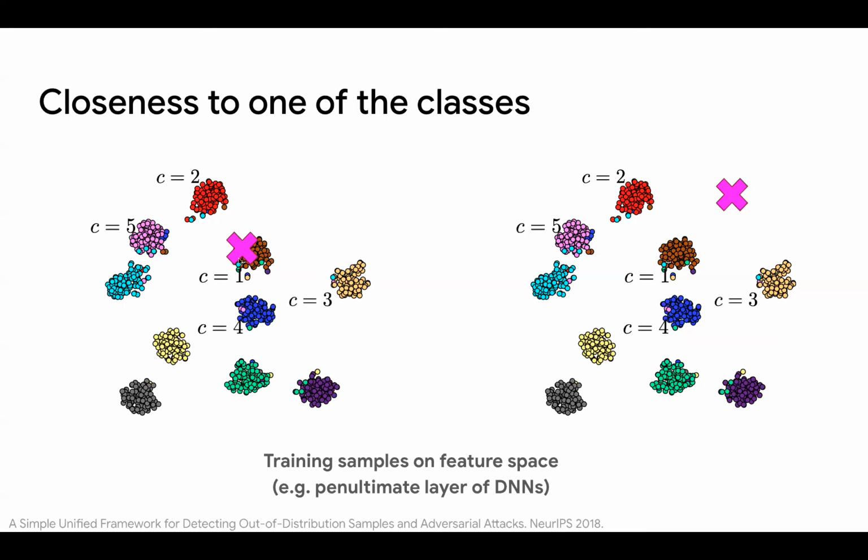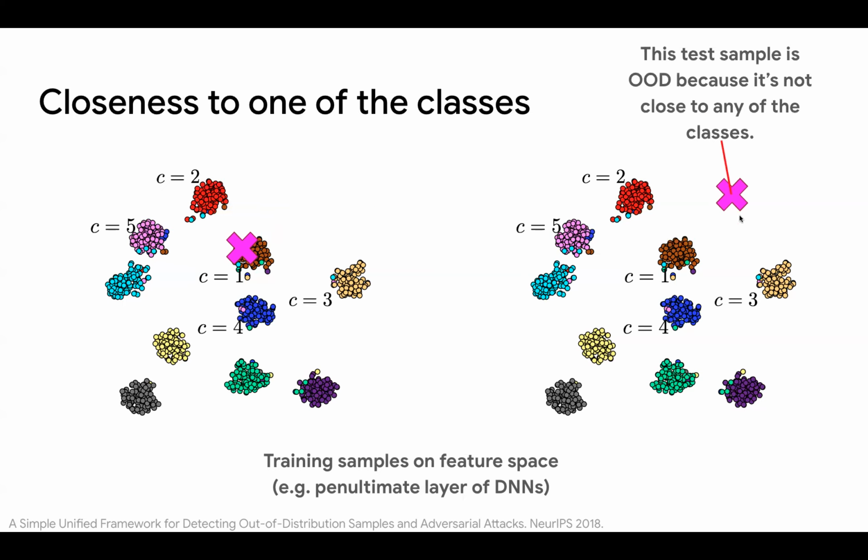And let's say your test input is this cross here, which is very close to the training samples for class 1. We can say this is in distribution because this is close to one of the clusters. And now this sample can be determined to be out of distribution based on the fact that it's not close to any of the classes.